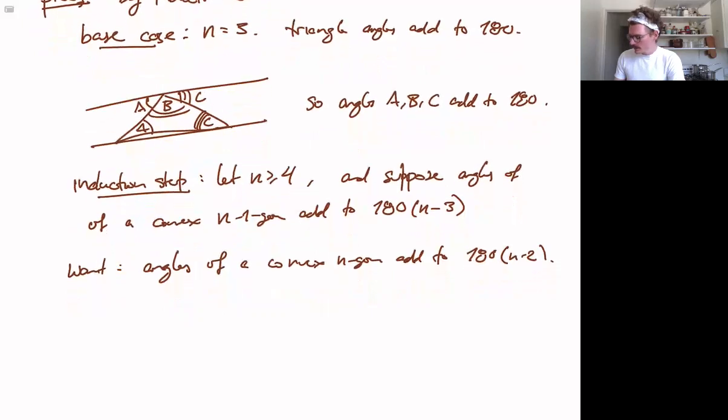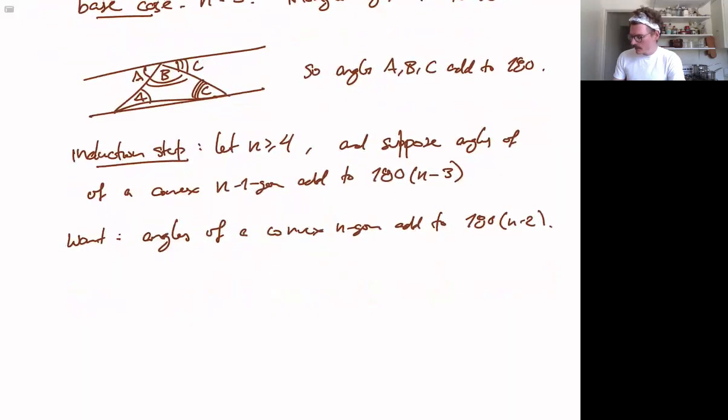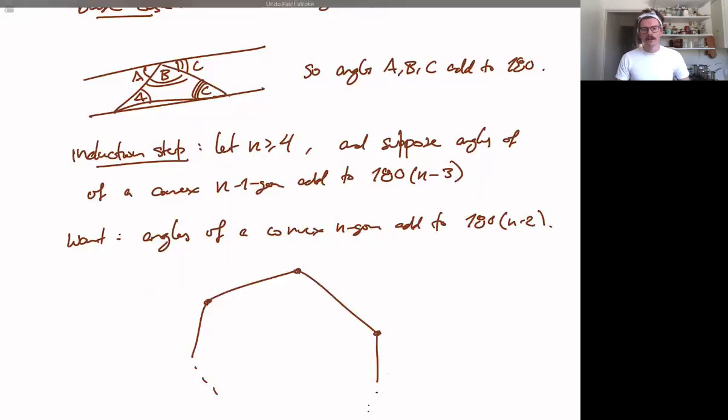So the way we do this is, say that we have some convex polygon, which I'm drawing a little bit informally, but we're looking at some small region of it around some particular vertex. So choose a vertex. I'm choosing this one and drawing this little area of the polygon around this vertex.